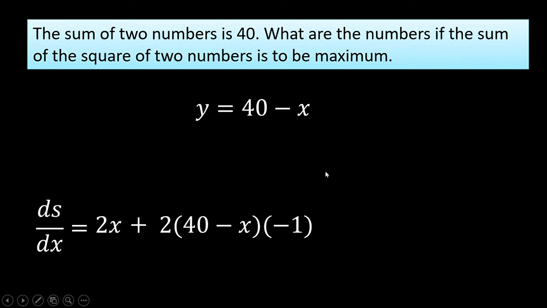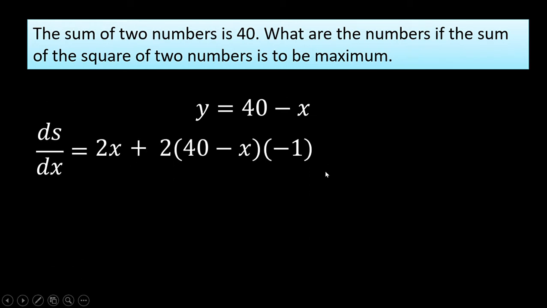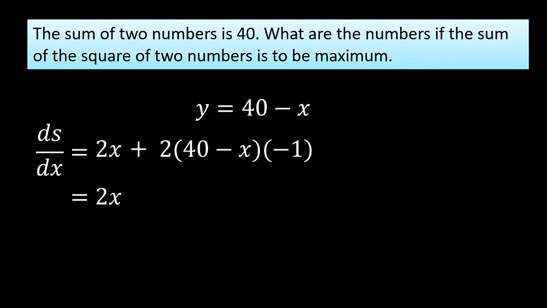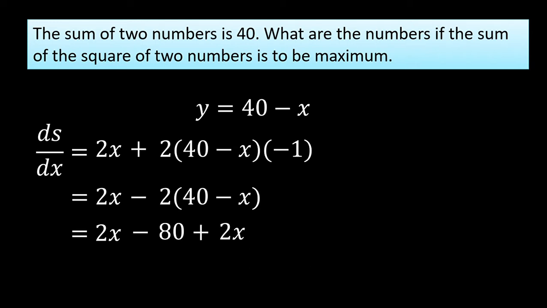By simplifying further, this becomes 2x minus 2 times the quantity 40 minus x, which is 2x minus 80, and negative 2 times negative x is positive 2x. So 2x plus 2x is 4x minus 80.